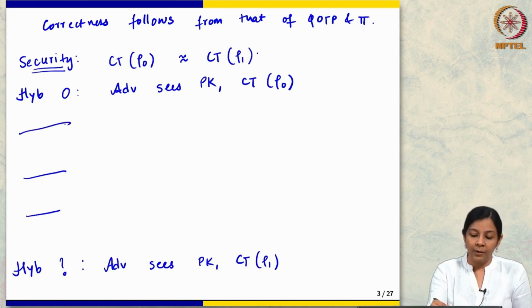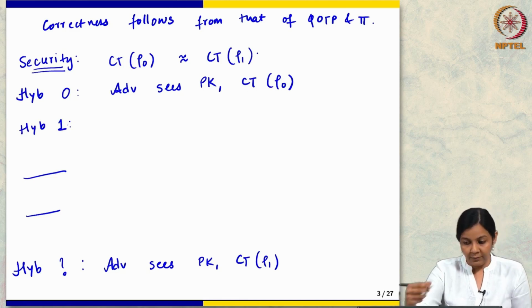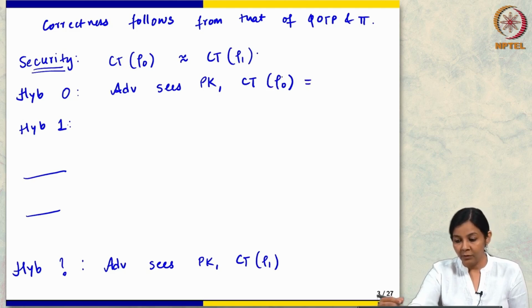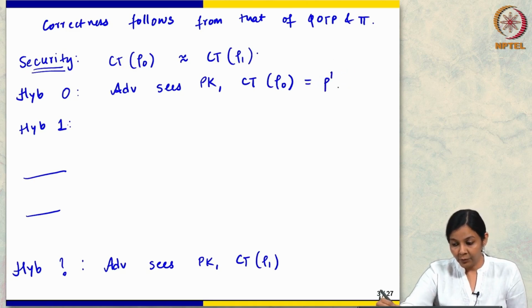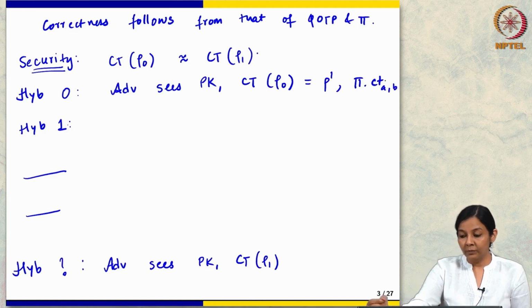So, what should hybrid 1 be? Anyone? Okay, very good. So yes, what he suggested is correct. Let us again give ourselves some notation. So, this CT is some QOTP ciphertext, I think I already gave it the notation rho prime, and some pi dot CT, so pi dot CT of A, B. So, this was our notation.